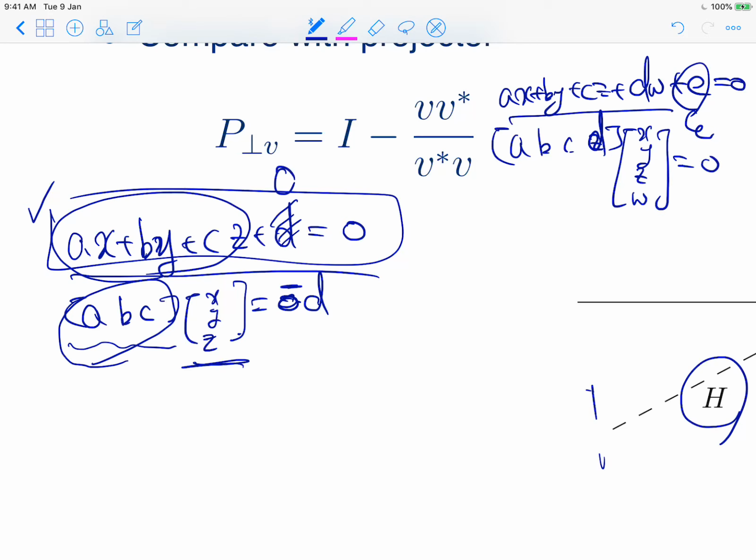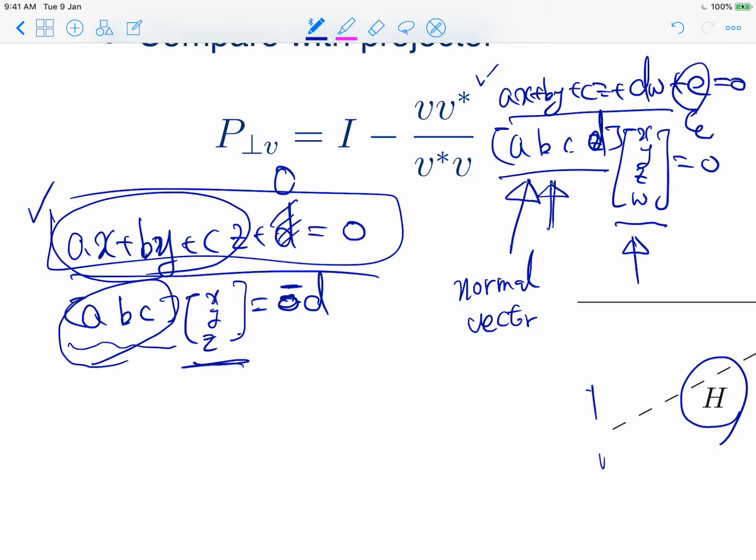So that way, this hyperplane in the four-dimensional space is the set of all possible points that have the inner product with A, B, C, and D as 0. Okay, so this vector is called a normal vector of a hyperplane, right?